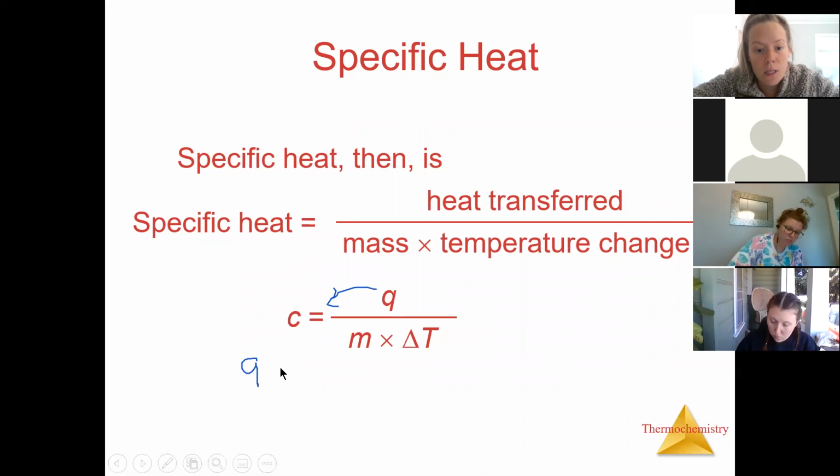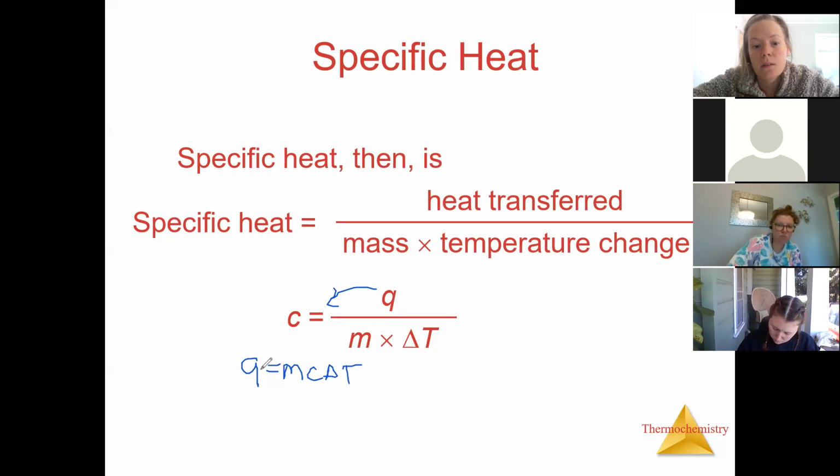It's Q equals MC delta T. Q equals M times C times delta T. Now, the way they have it isolated here is they isolated for specific heat, which is C. And so in that case, C is equal to Q, which is our heat, over the mass times the change in temperature. Both the mass and the change in temperature are underneath the fraction bar in this case.